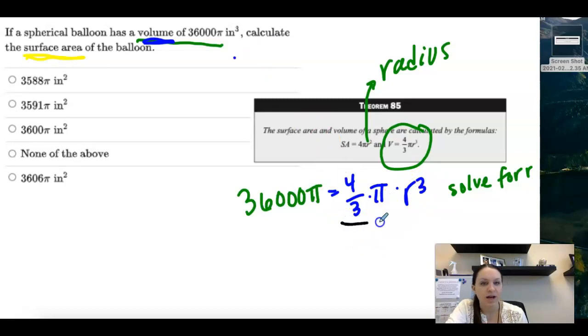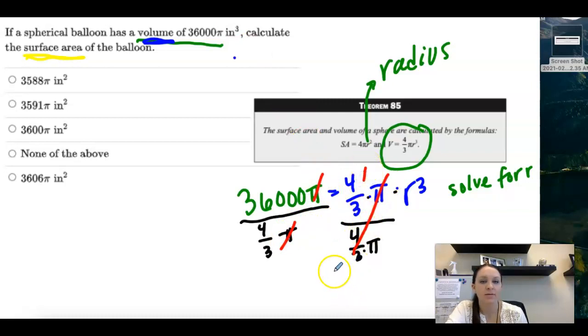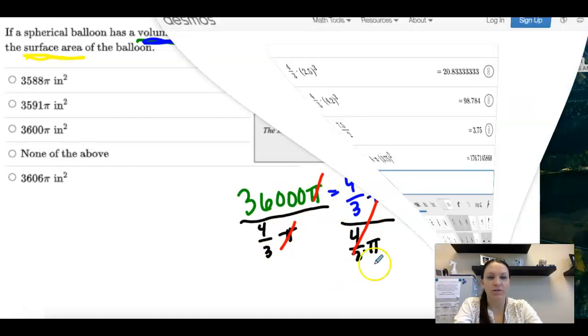So I'm going to divide, because I'm timesing everything, the opposite of times is divide, by the two things that I want away from r. So pi divided by pi, those cancel out. And then 36,000 divided by 4/3.